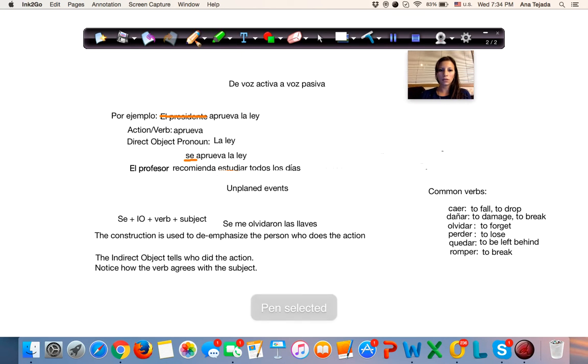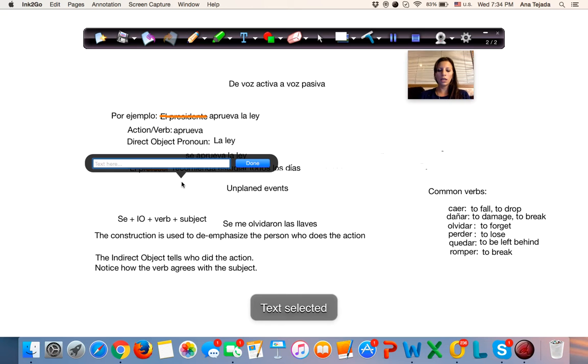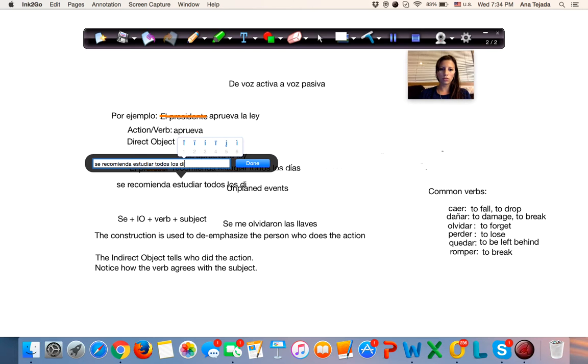Again, we get rid of our agent, el profesor. We get rid of the agent, but we use se. Then the verb, recomienda. And then our subject, estudiar todos los días.